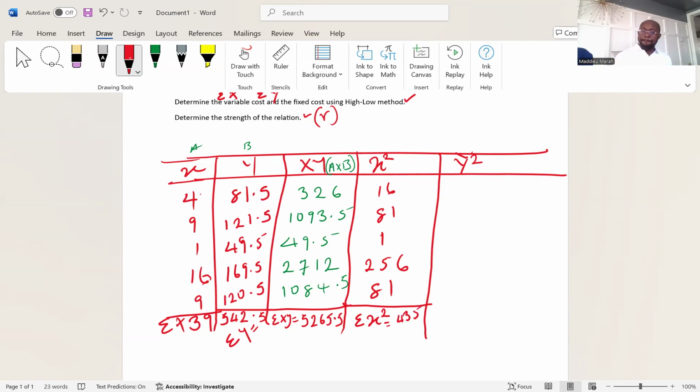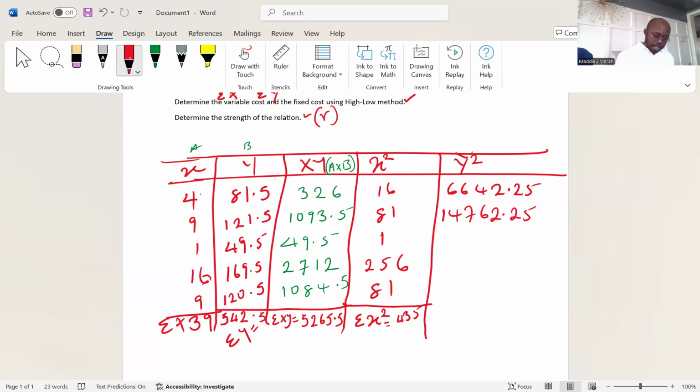You get? Okay, now Y square. What are the values for Y? We have 81.5, 121.5, 49.5, and so on. 81.5 square will give me 6642.25. 121.5 square will give me 14762.25.